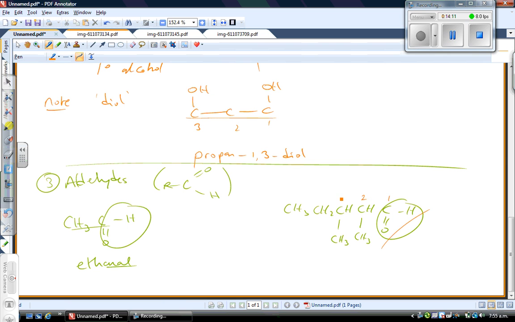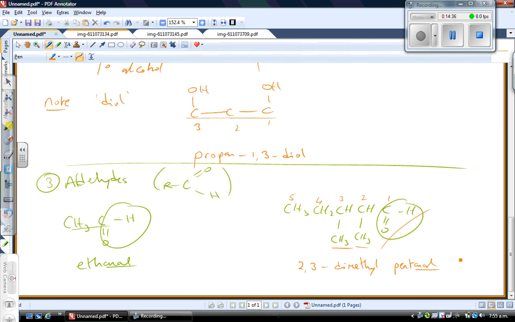So that's carbon number 1, 2, 3, 4, and 5. So the name of this compound is a 5-carbon aldehyde with 2 methyl groups stuck on it. So it's going to be 2,3-dimethylpentanal. Pentanal. And again, the anal suffix is for the fact that it's an aldehyde.